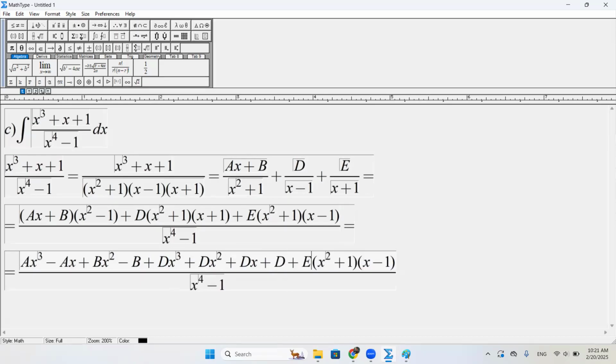And for e, the same situation: ex cubed minus ex squared plus ex minus e. Now we regroup our coefficients as we did before.